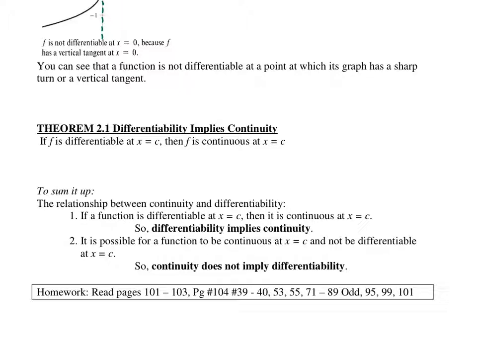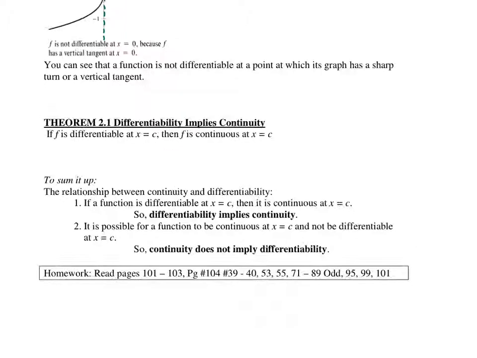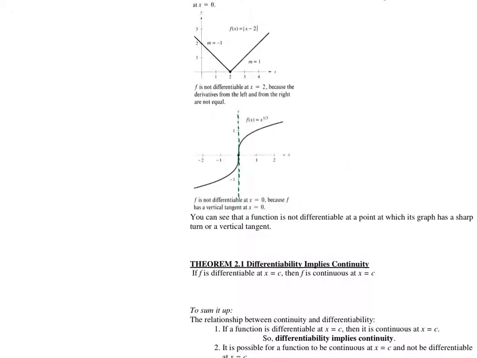So, here's kind of a summary. This only works one way. If we know it's differentiable, then we know it's continuous. So differentiability does imply continuity. However, it's possible for a function to be continuous at x equals c and not be differentiable, like the absolute value function and the one here with this vertical tangent.